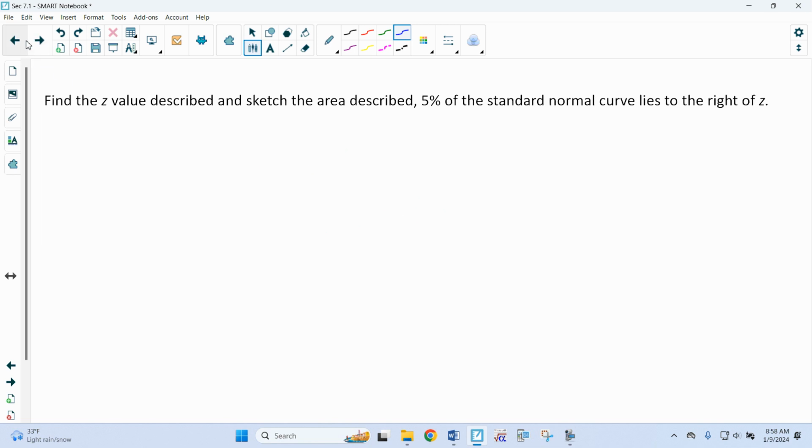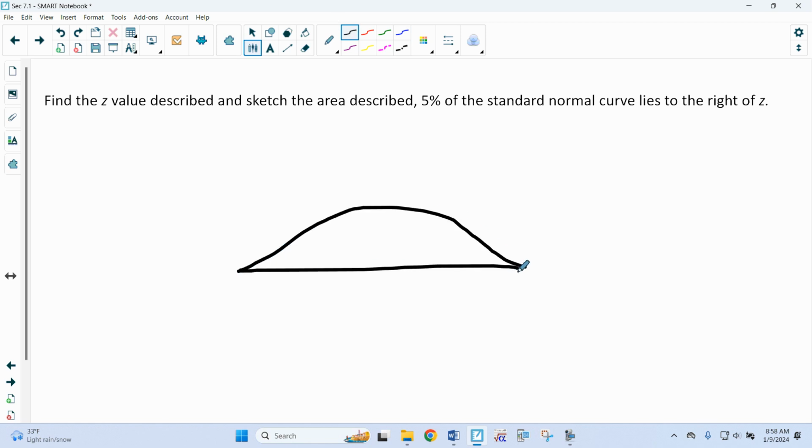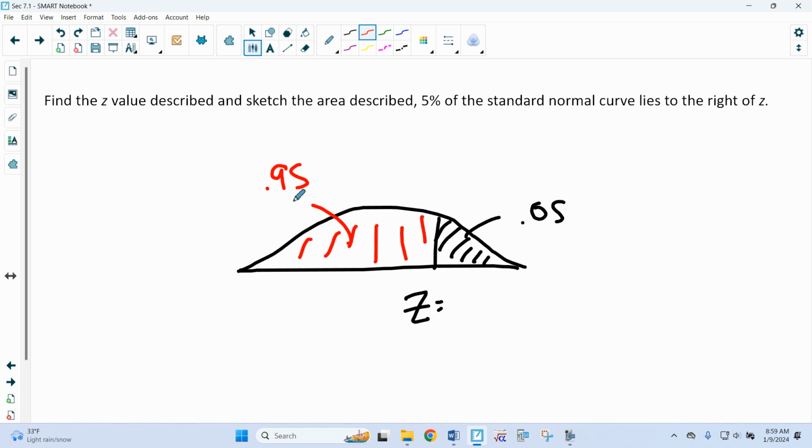Now, the other thing we can do is if we have something like this, let's look at 5% to the right. So we have 5% to the right. And once again, that gives me 95% to the left.